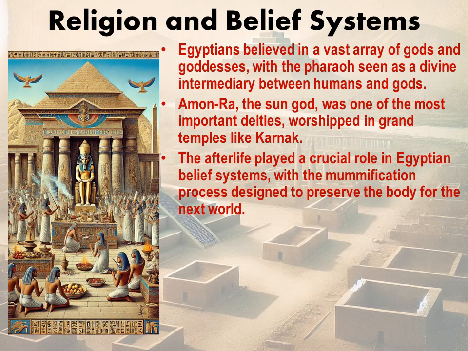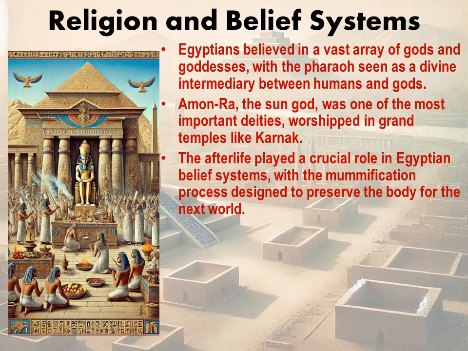The afterlife played a crucial role in Egyptian belief systems, with the mummification process designed to preserve the body for the next world. So the Egyptians believed that after a person dies, that person is transferred to another world where he will need every kind of thing. Therefore, they used to mummify the body.